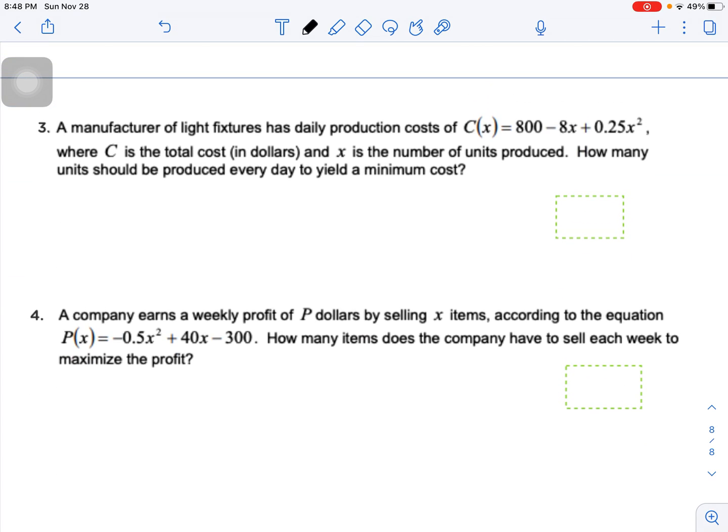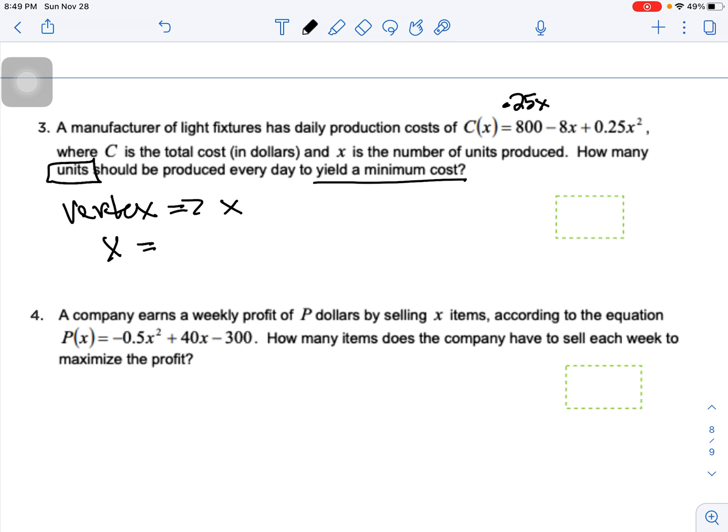All right, 2 more here, and then I believe those are the last ones. Manufacturer of light fixtures has a daily production cost, where C is the total cost and X is the number of units. How many units should be produced every day to yield a minimum? To yield a minimum, that means we're finding the vertex, and it says how many units, that means we're finding X. So x equals, and let's put it in standard form up here.